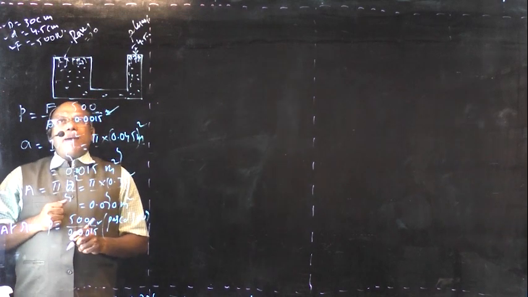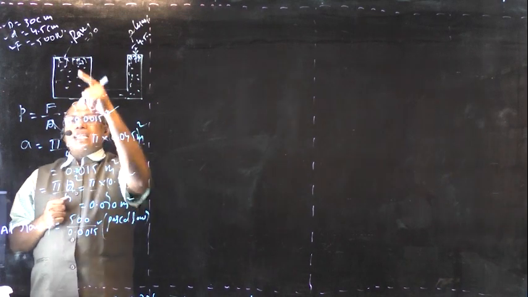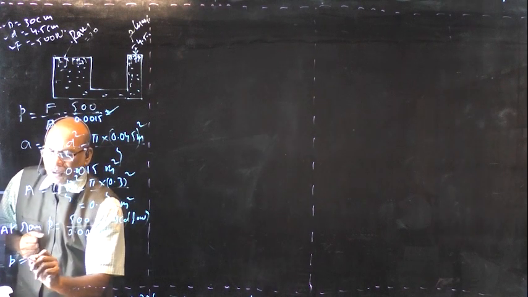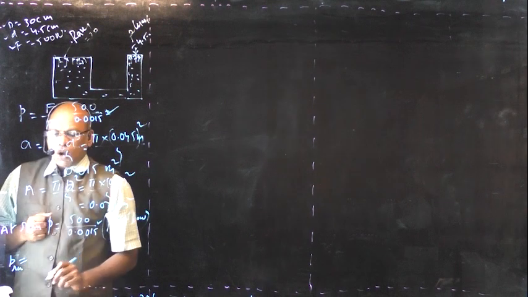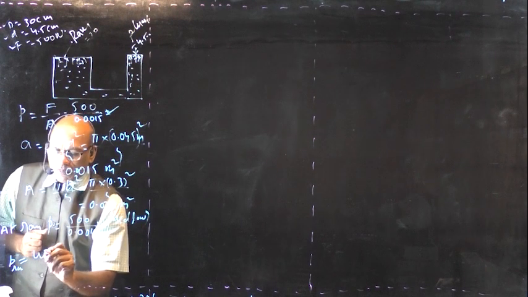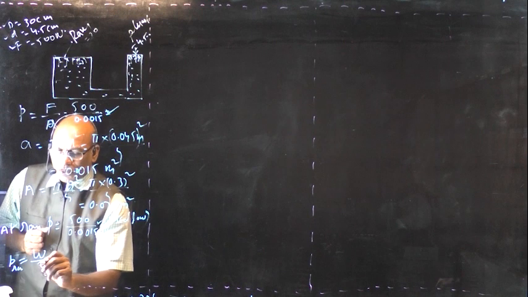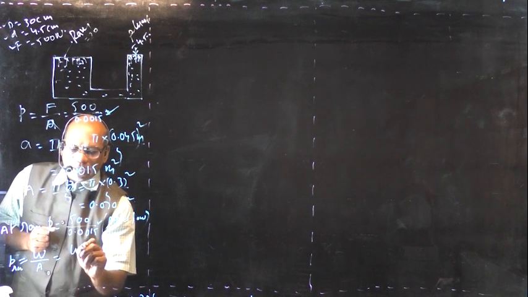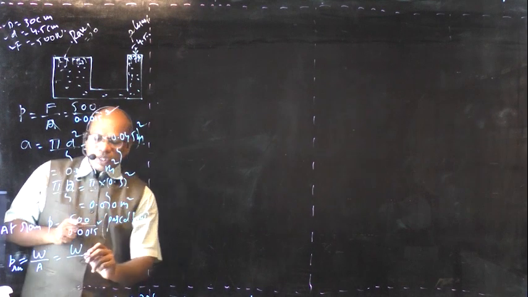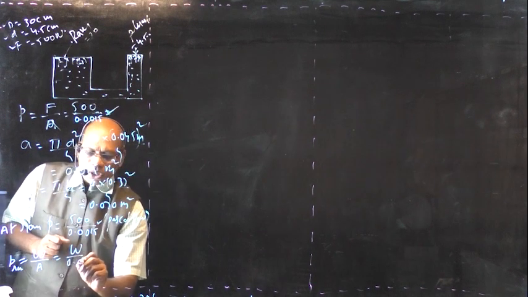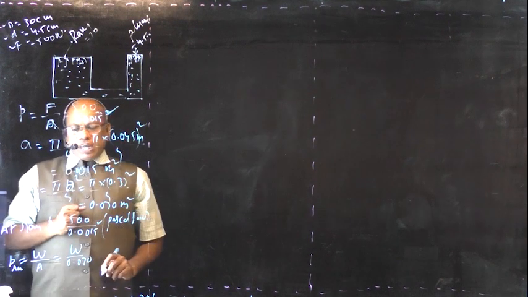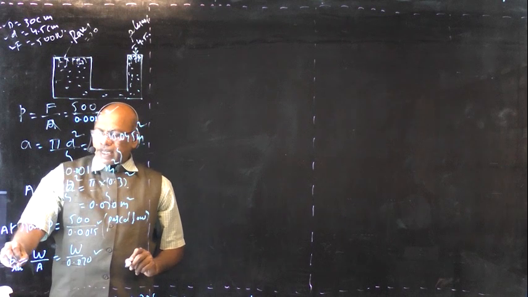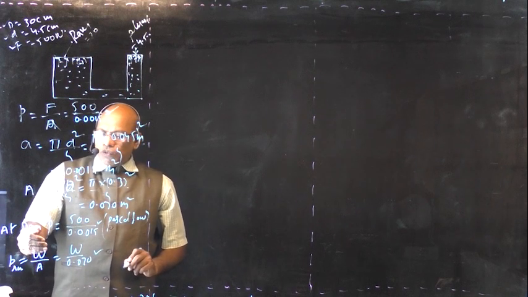The pressure intensity at the ram is equal to force or weight lifted by area. Weight lifted is denoted by capital W. Area we have already determined, so W divided by 0.070. This is the pressure at the ram, equal to weight by area.